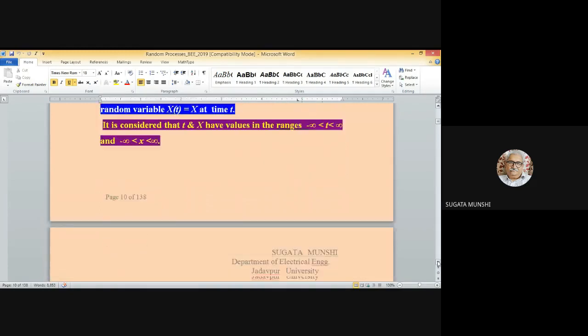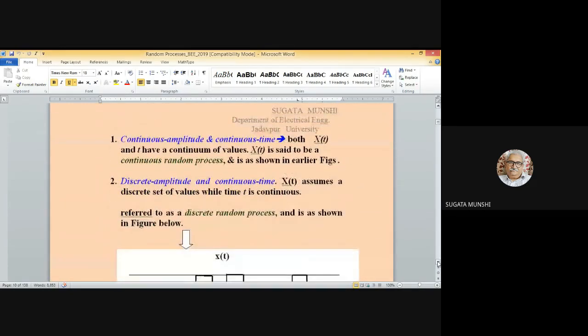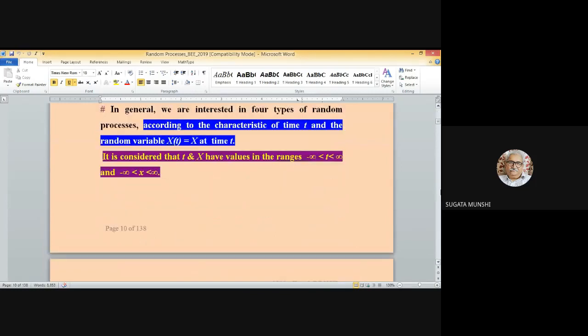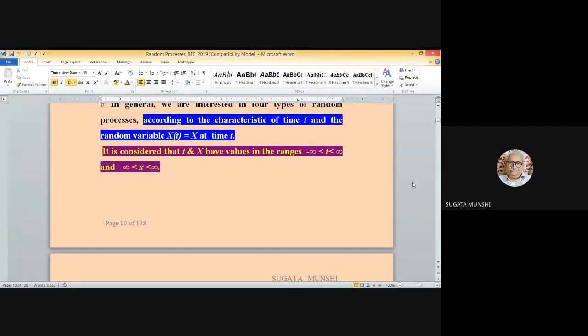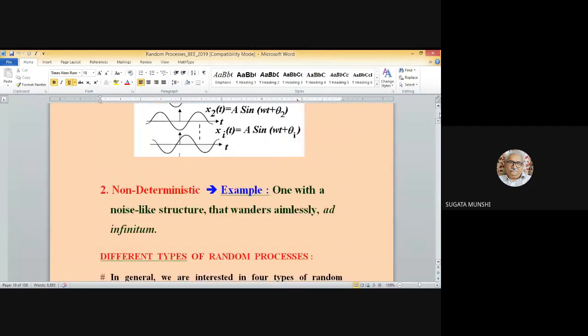So the first type is the continuous amplitude and continuous time variety. Most of the sample realizations that I have considered, for example, this is the case of a continuous time and continuous amplitude random process.